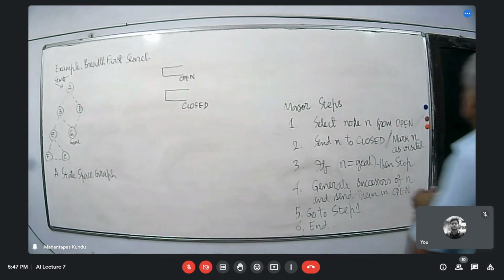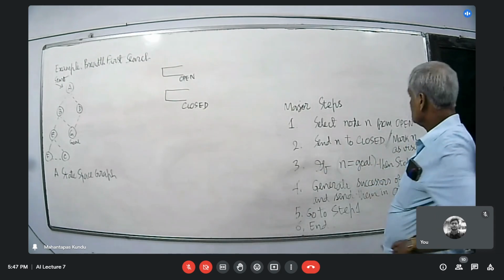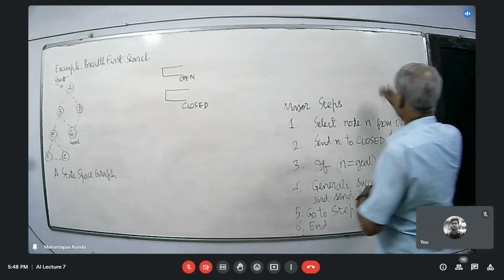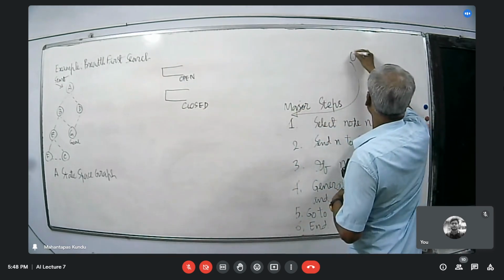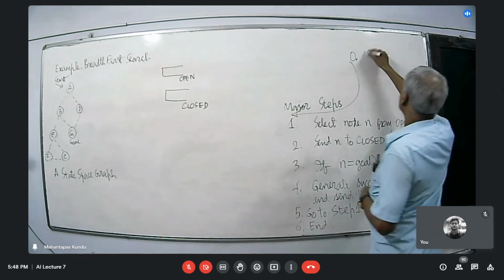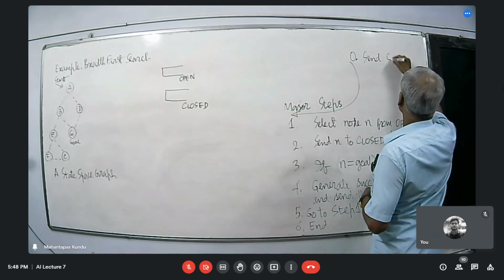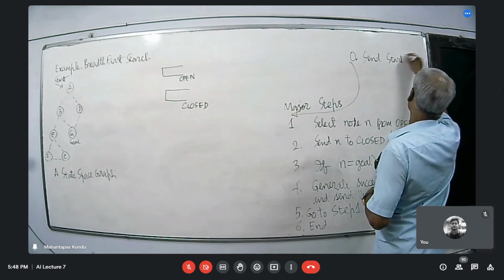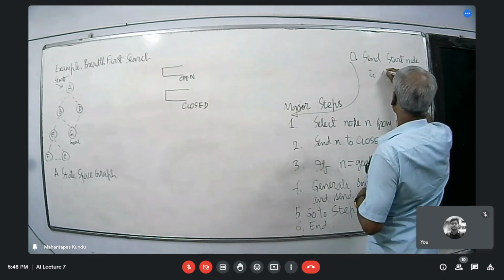The major steps are: select node N from the open list, and I should add the 0th step here. The 0th step is to send the start node to open.